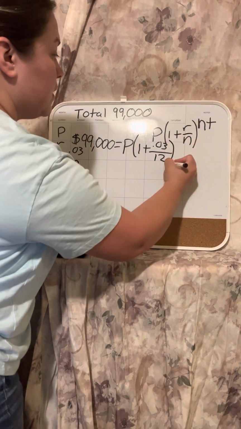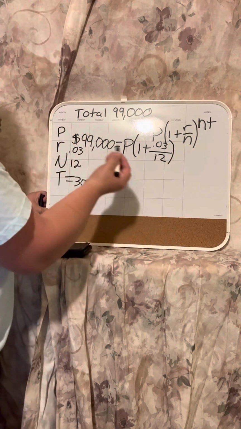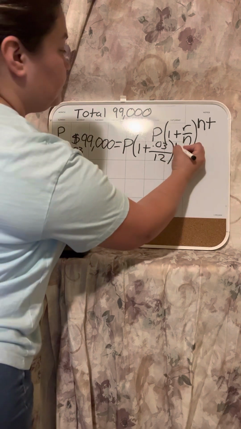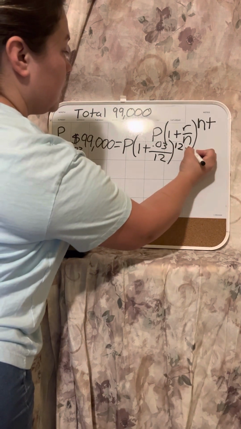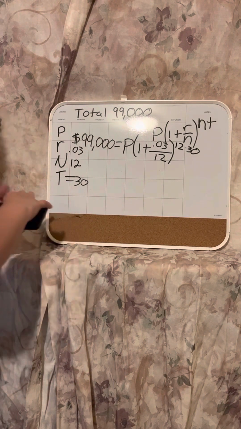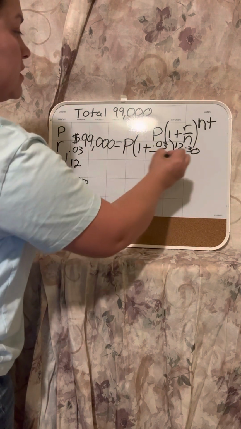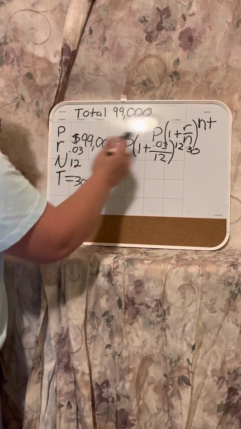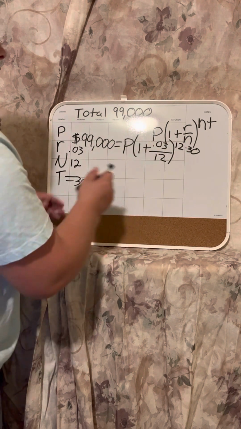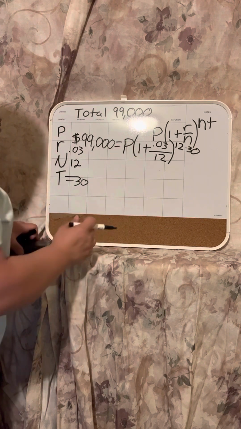We're gonna close the parenthesis and we're gonna raise it all to the n times t. That's 12 times 30. So what I'm gonna do is I'm gonna go ahead and calculate this, and then I'm gonna leave P alone because we're gonna have to solve for P.